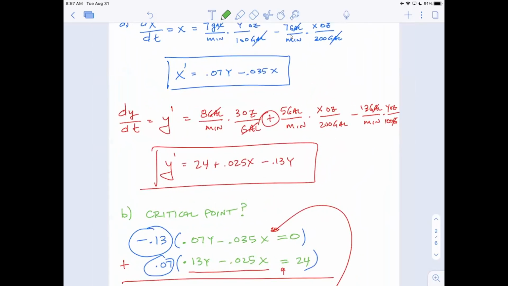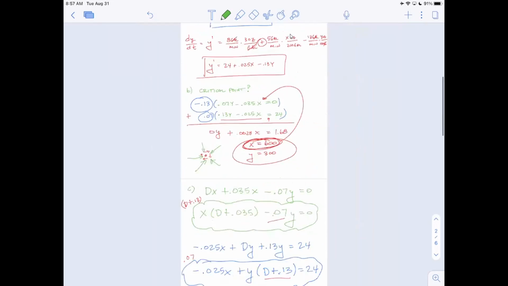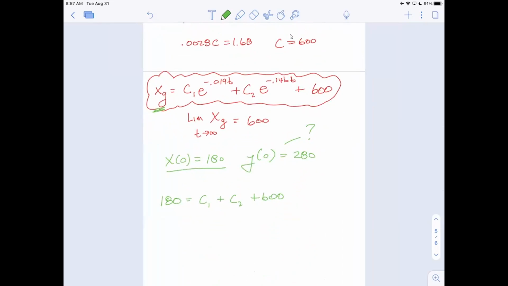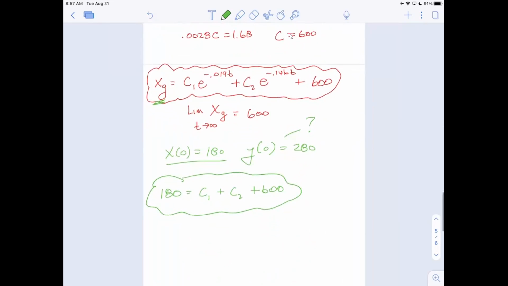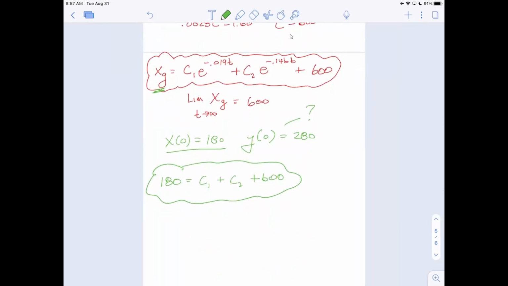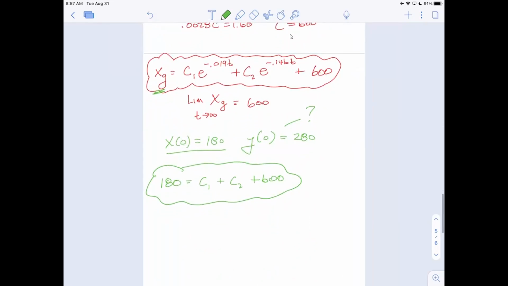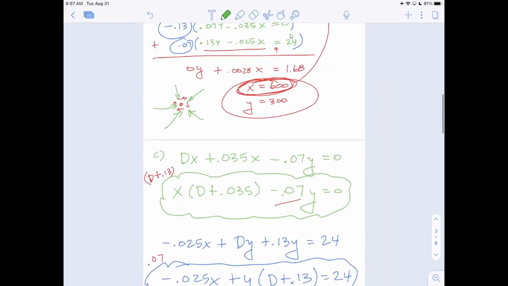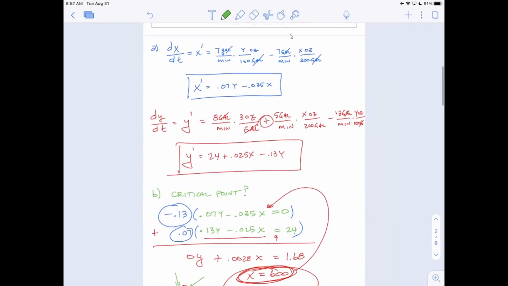I mean, I could certainly take the derivative of x. Does that do me any good? Just find the y prime of 0. Can you stick the x of 0 into the y prime equation? Or x prime, I should say. Doesn't matter.